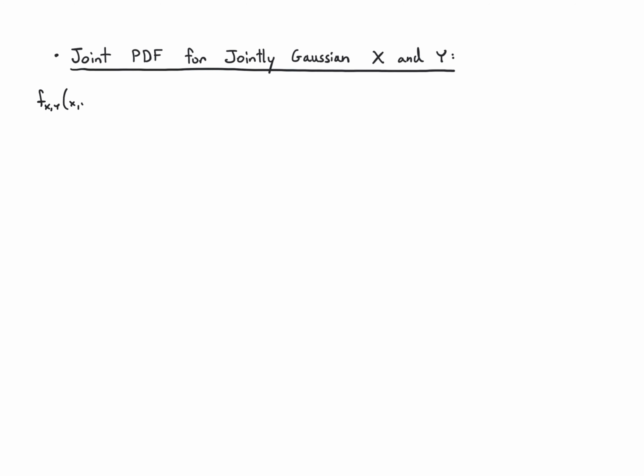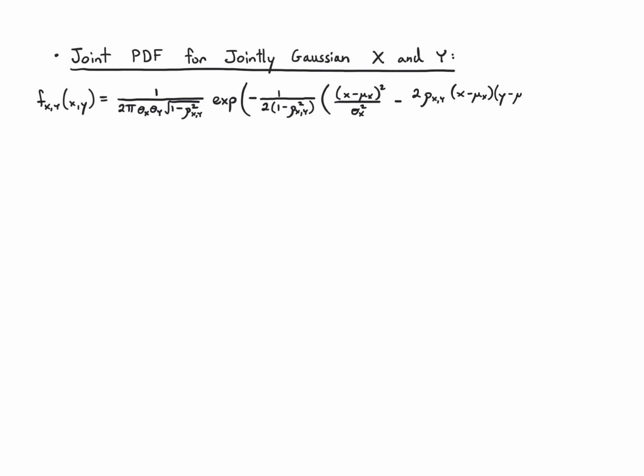It's a long expression. It's going to take up this whole line. It has this constant up front, which involves the standard deviations and the correlation coefficient. Here's something that's similar to that 1 over 2 pi, but now we have the correlation coefficient. And then I have this term in the middle that varies, and this is just an ellipse, a particular ellipse.